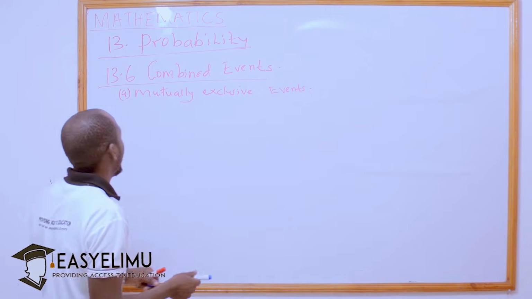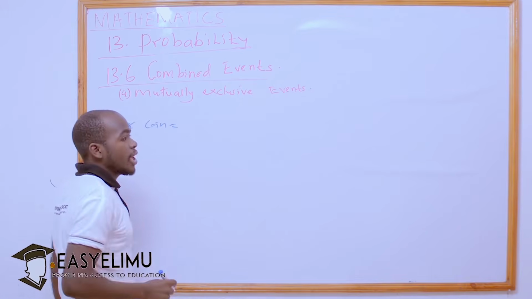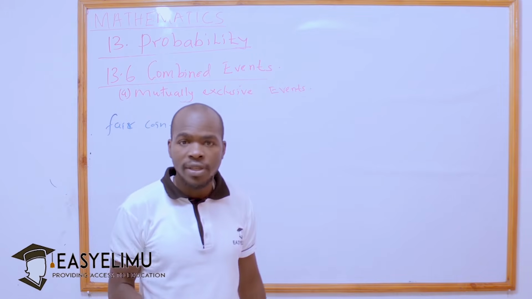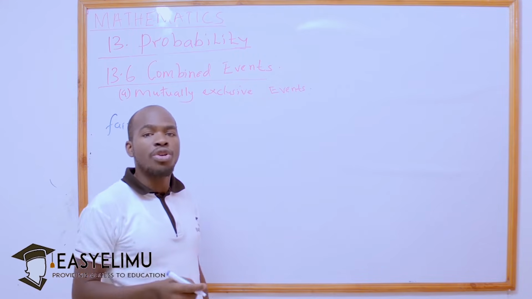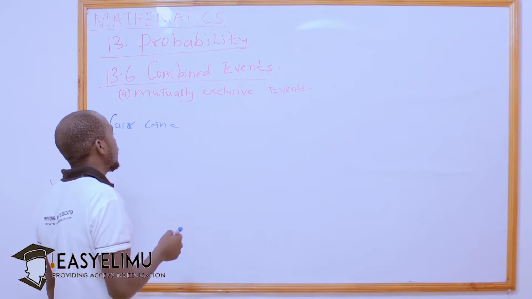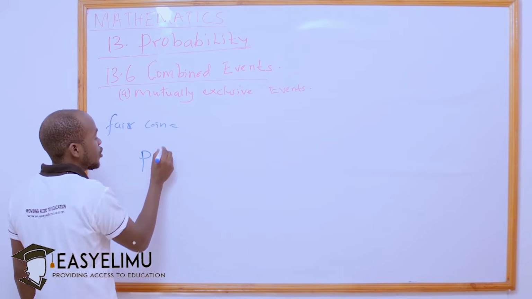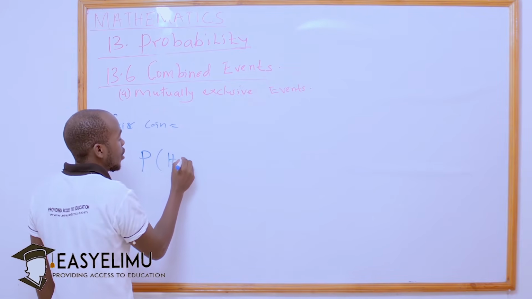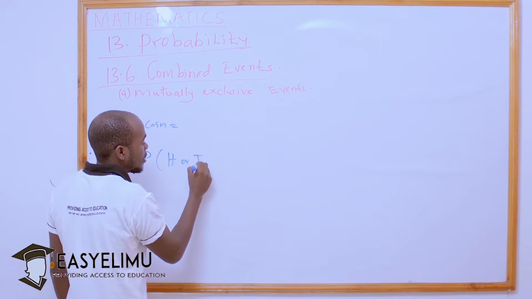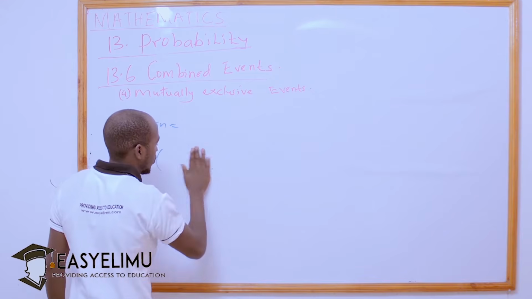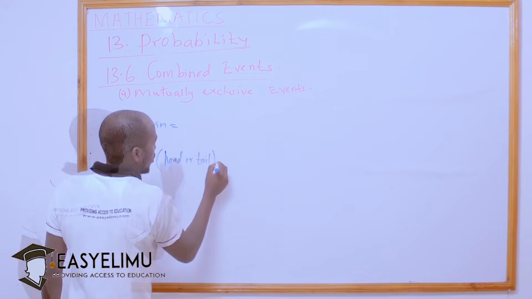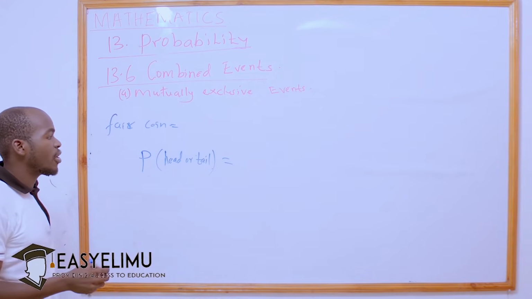So in case you have a fair coin, and you toss it once, the probability of getting either a head or a tail may be given by, let's write in full, the probability of getting a head or a tail.